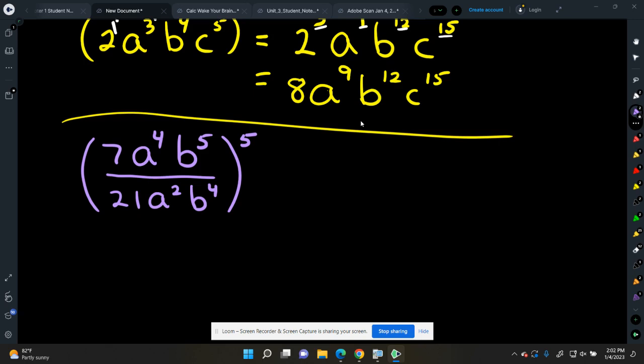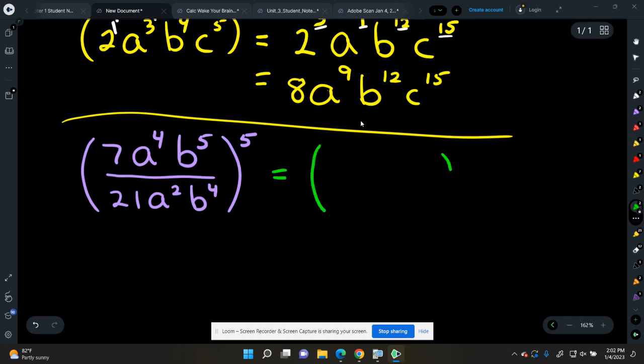We could distribute, or multiply by that 5, right? Multiply all the exponents by the 5. Or we could simplify what's inside the parenthesis first and then multiply by the 5. That's what I prefer to do because it'll be smaller numbers, okay? So let's work with what's inside the parenthesis first.